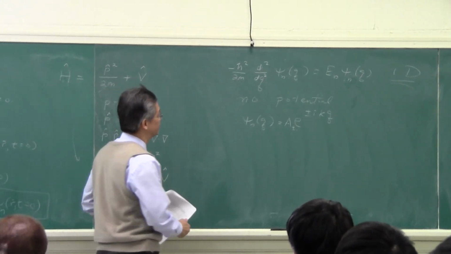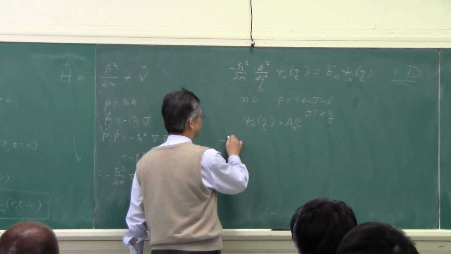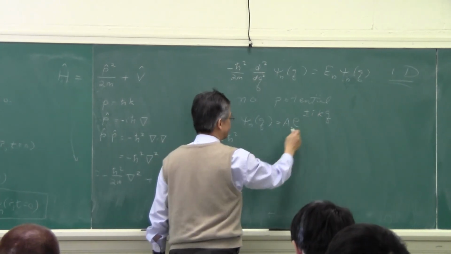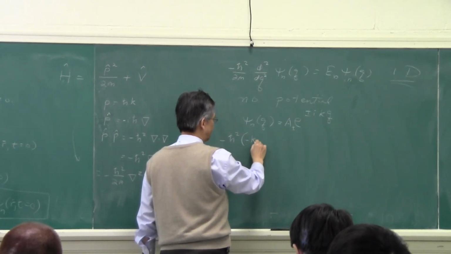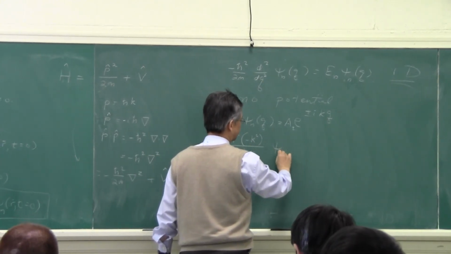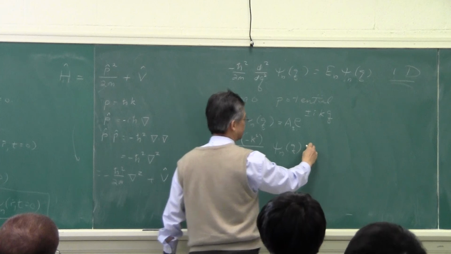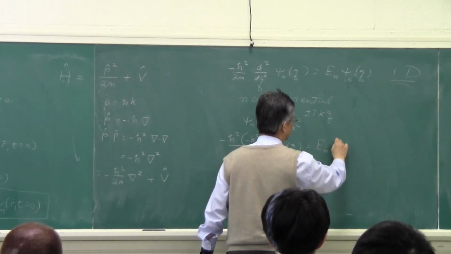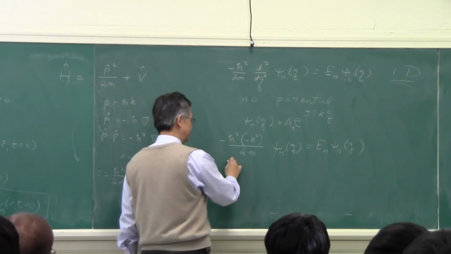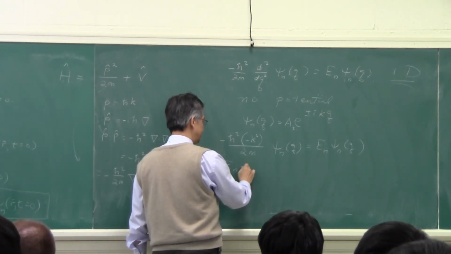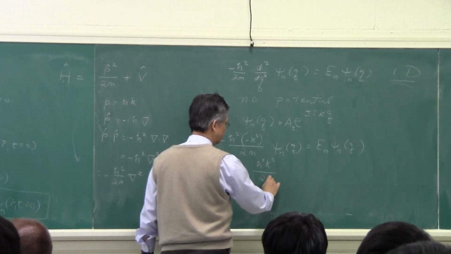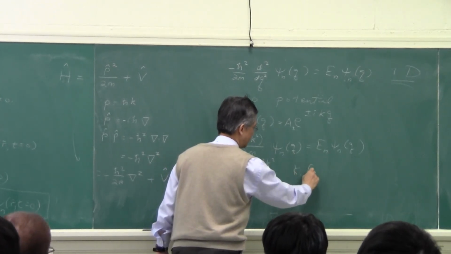If you plug that into the above, you can see that the first term becomes minus h bar squared, d squared dq squared will just give you minus k squared, over 2m, and then you have psi n of q must be equal to En psi n of q. And then you can see that En, which represents the energy of the particle, is h bar squared k squared over 2m. This is just the kinetic energy part.